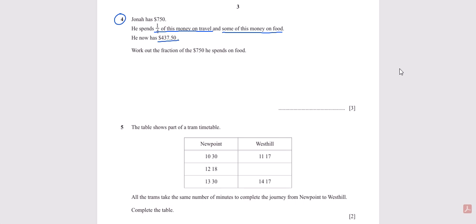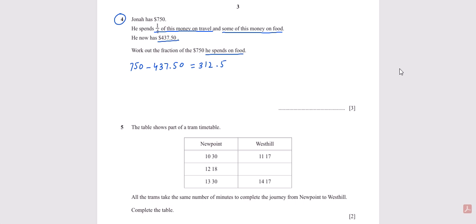Work out the fraction of the $750 he spent on food. First of all, the total is 750 minus 437.50. Remaining is 312.5. Okay, he spent this amount on travel and food.